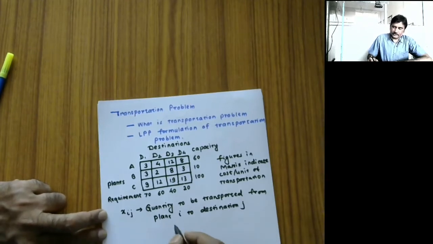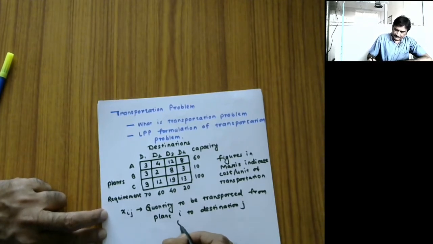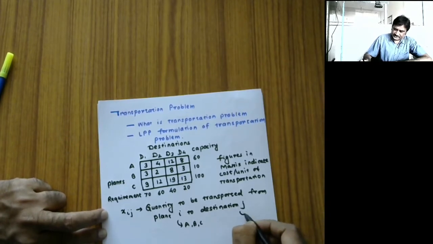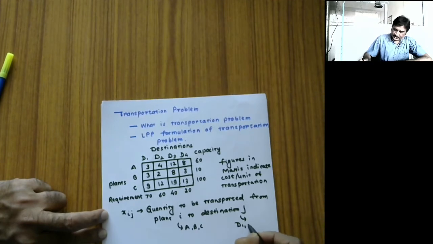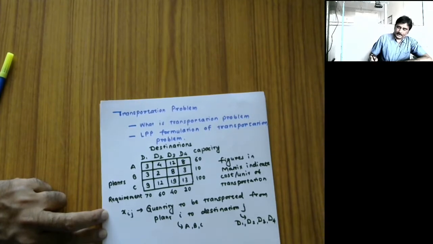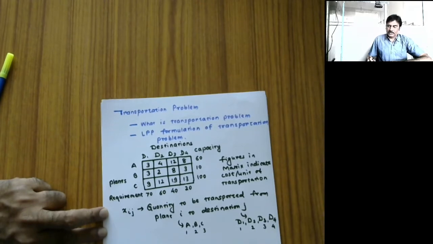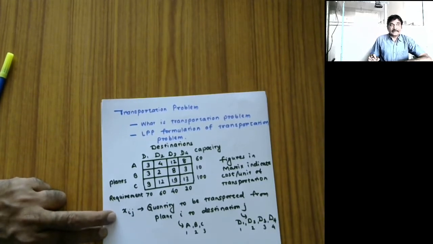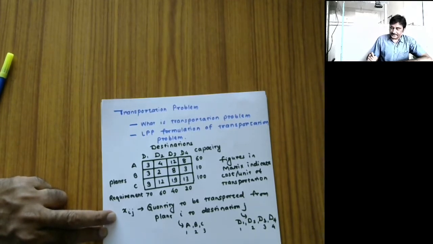Right here, you know what are your plants, A, B, C. I may write that here A, B, and C, and destinations are D1, D2, D3 and D4. So you may index them as 1, 2 and 3 and this as simply 1, 2, 3 and 4. So all in all, in this problem, you have 4 into 3, 12 variables you have to decide.